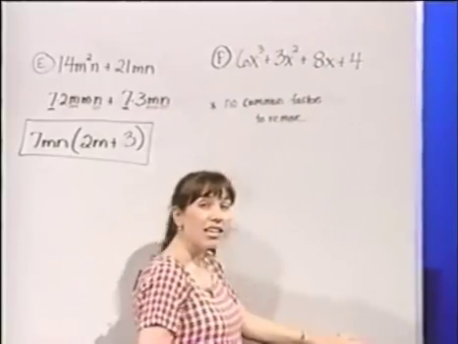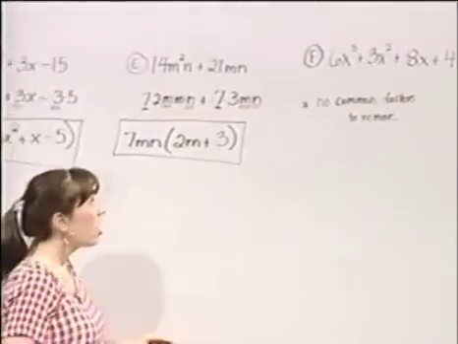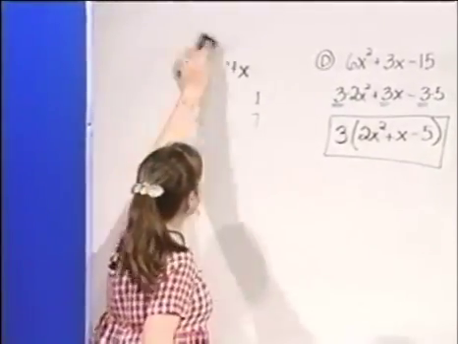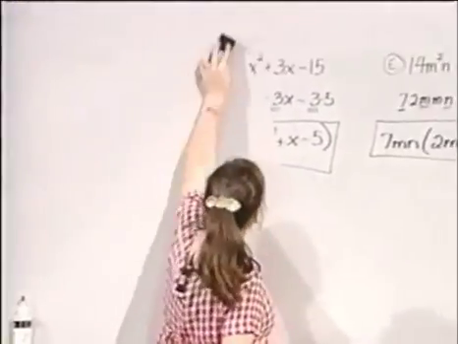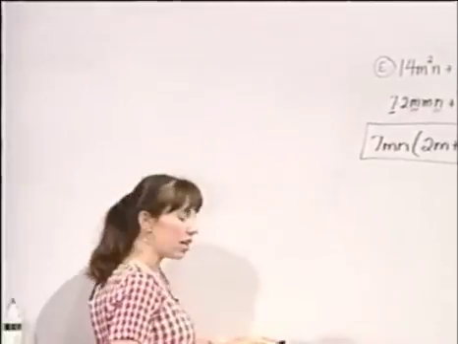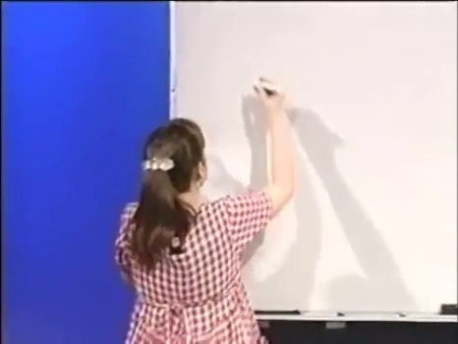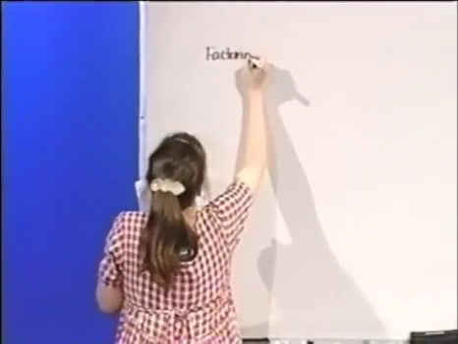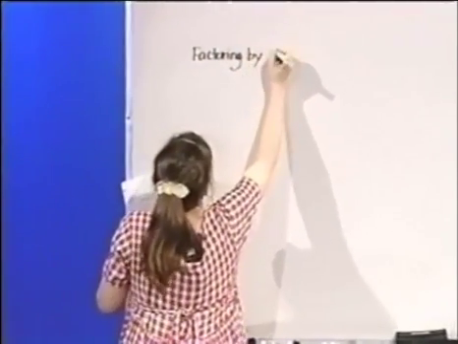However, there is another way to express this weird polynomial as a product of smaller polynomials. And in fact, that leads us into the next topic, which is called factoring by grouping. Let me write that down. The next part, which is also still section 5.1, is called factoring by grouping.